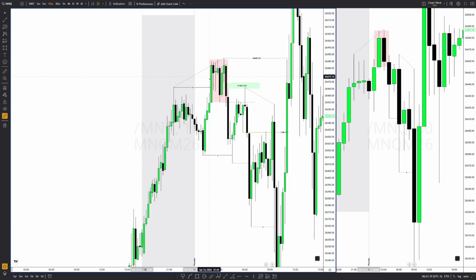Well, if I want to be direct about it, it took about 4 hours for price to spike above this high, and the market sat and chopped above this high for about 2 hours.